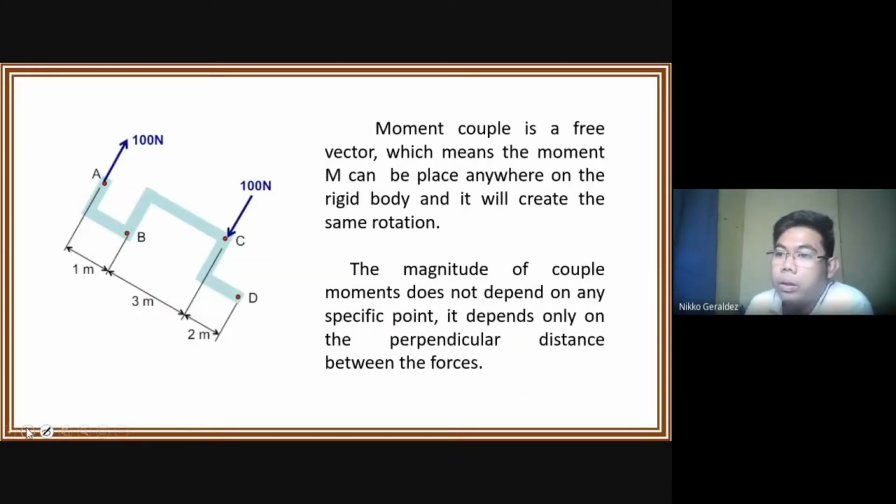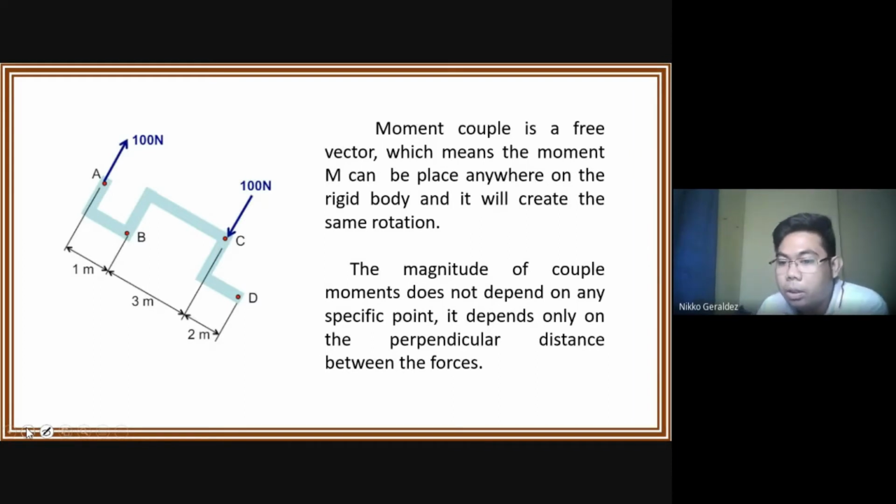The couple moment is a free vector. Which means the moment M can be placed anywhere on the rigid body and it will create the same rotation. So the magnitude of the couple moment does not depend on any specific point.